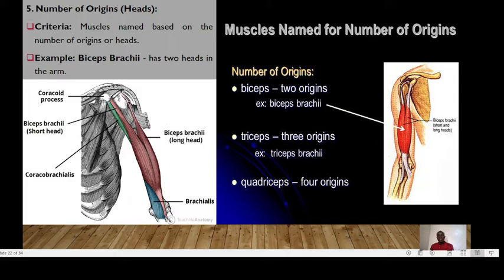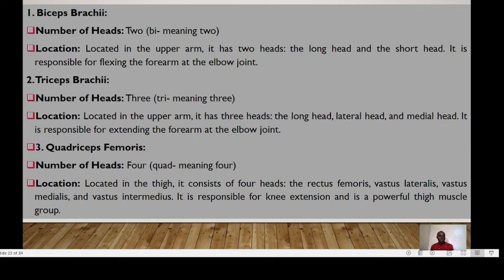So muscles named by number of origins. We could have the biceps, with two origins, like the biceps brachii we have already mentioned. We also have the triceps, with three origins, like the triceps brachii, and then the quadriceps, with four origins.